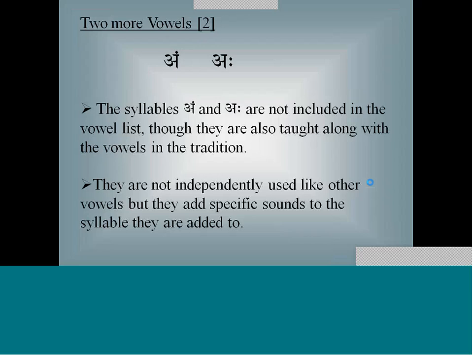So that is how it is pronounced. That is why these 2 letters, am and aha, are only sample letters to show the pronunciation for anuswara and visarga. That is why they are not included as part of the syllables. 13 plus 2, we always say 13 plus 2. So these are the vowels.